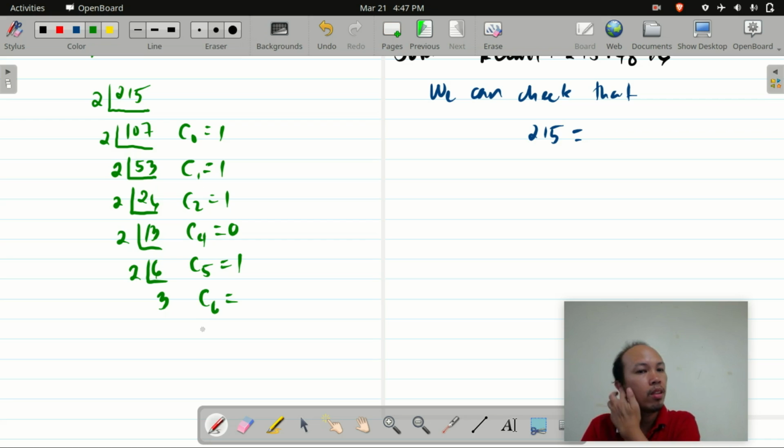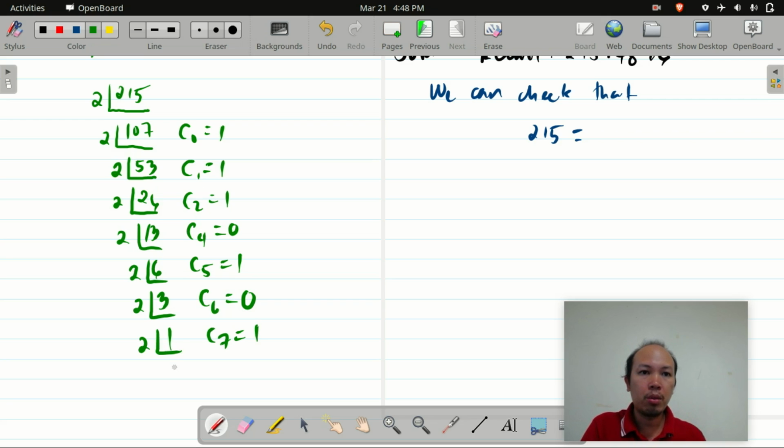So 6 divided by 2 is 3, remainder is 0. Divide again by 2, the quotient is 1 and the remainder is 1. Finally, divide by 2, the quotient is 0 and the remainder is 1.